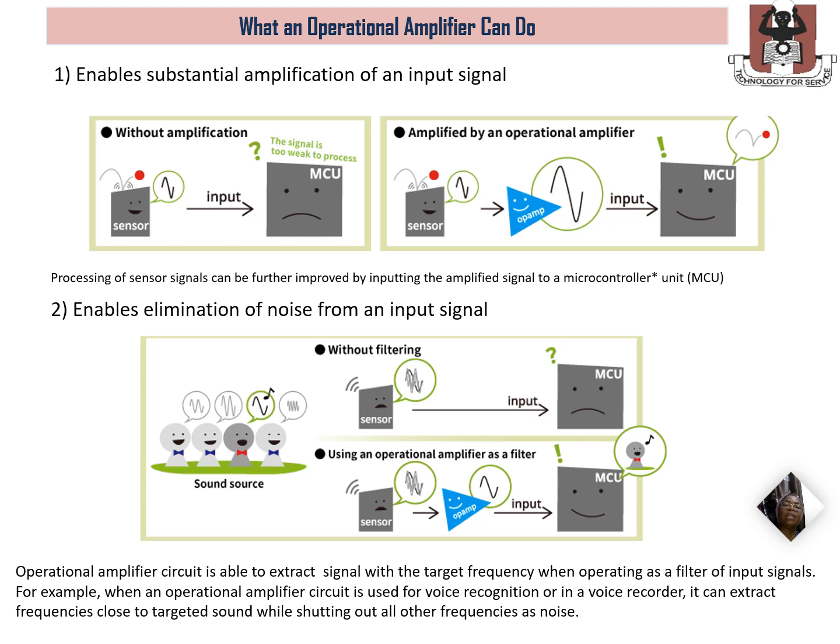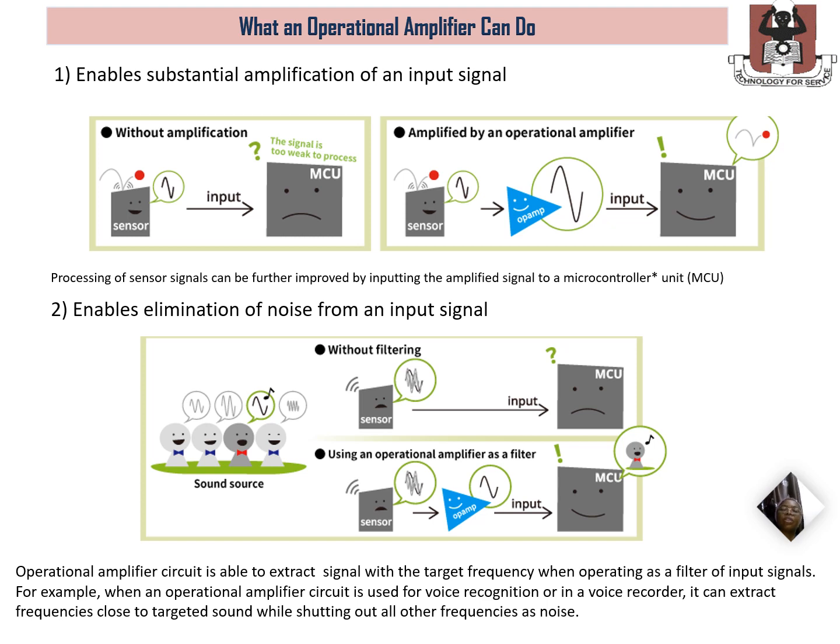You can see a circuit without amplification, so there is no operational amplifier here, but here we have an amplified signal using an operational amplifier. The sensor picks up the signal, the op amp amplifies it for the controller to be able to use it.